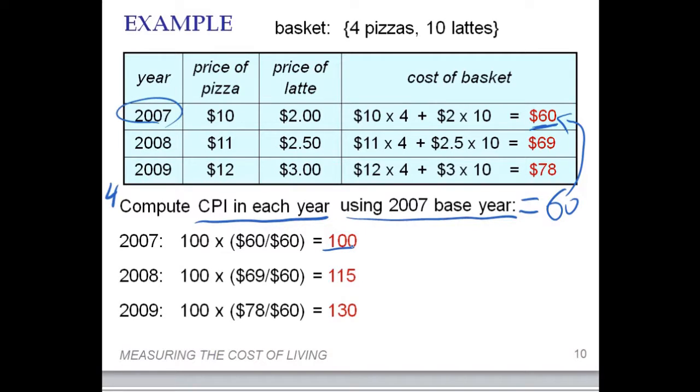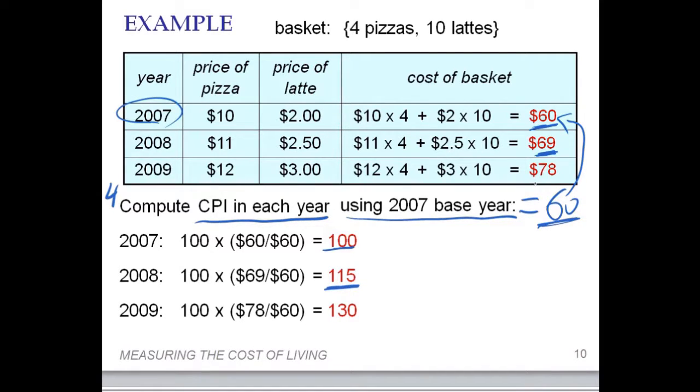The CPI for the year 2008 will be the cost of the basket, which is 69 divided by the cost of the basket in the past year, which is here 60. So the formula will be 69 divided by 60 multiplied by 100. It will be equal 115.